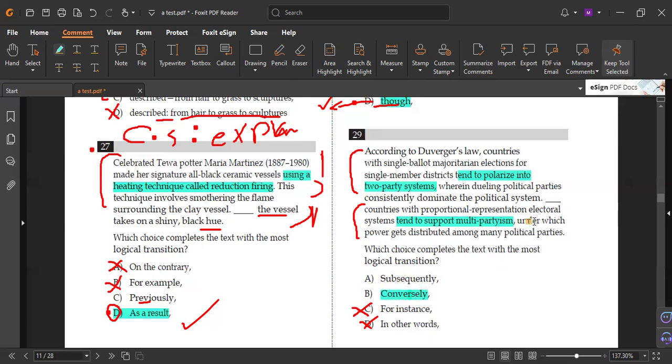It's not A because this action does not happen in order in time after that. How do we compare between two countries here? Countries with single elections, and countries with proportional representation. Another comparison: countries with single elections, and here, countries with proportional electoral systems.